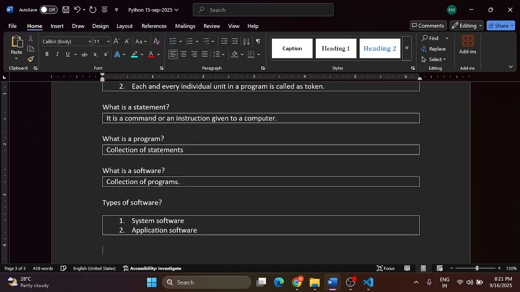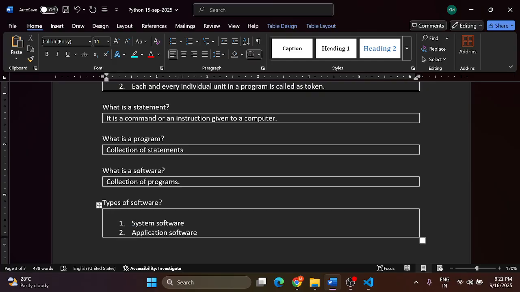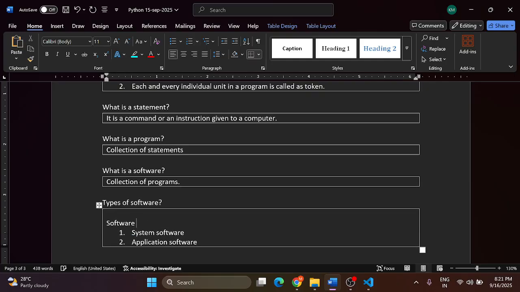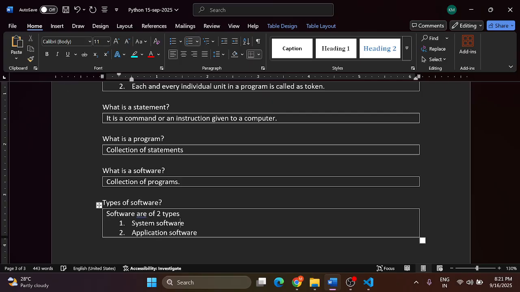I would say there are two types of software. Software is of two types. One is system software and the second one is application software.